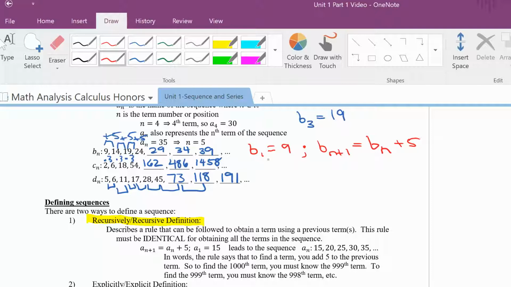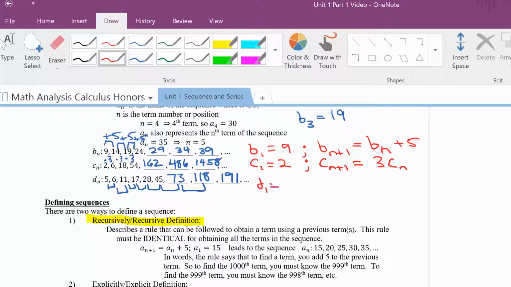For C, C sub 1 is 2. And I would say the formula is that the next term is equal to the previous one times 3. So I go 3 C sub n. And for the last one, now I have to use the previous 2.